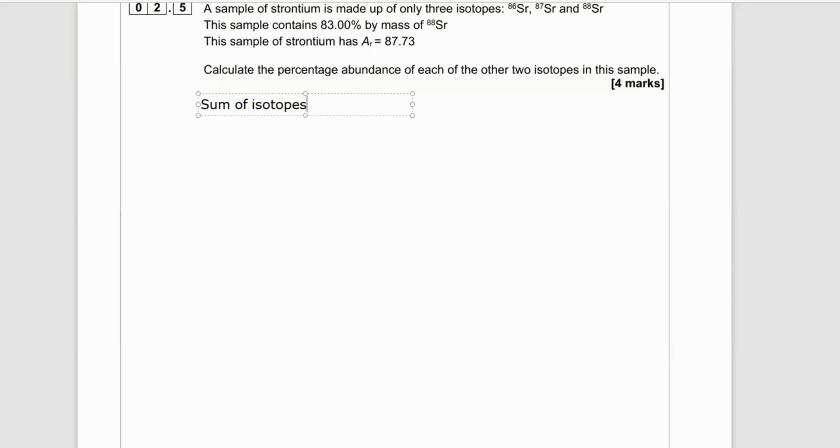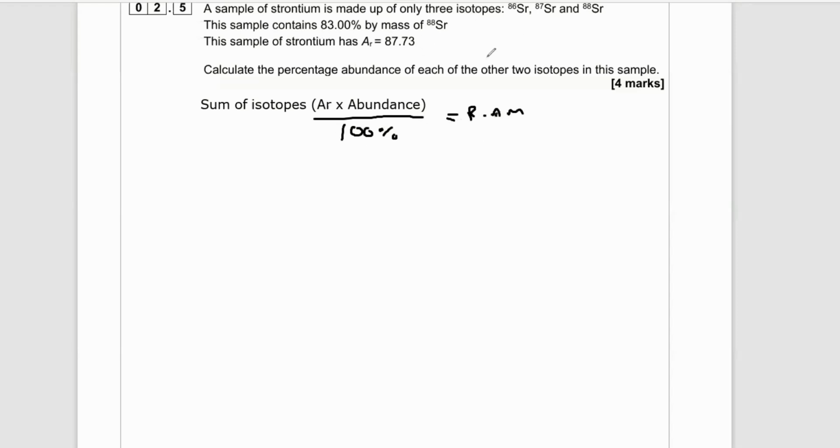So we've got the sum of the isotopes. When you do any RAM calculation, you probably remember you take each isotope's mass and you times it by the abundance. So here at GCSE, you'd just be given the abundance of each of these isotopes, and you do mass times abundance and then divide by 100 and you get the RAM.